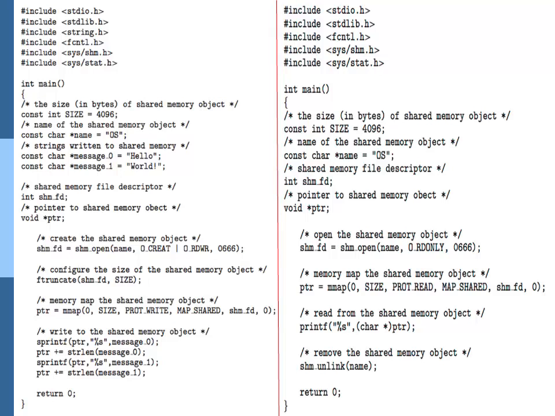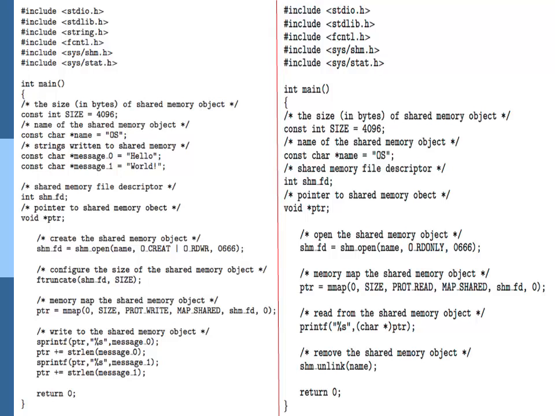We pass in parameters 0, size, PROT_WRITE, because it's a producer program. MAP_SHARED. The parameter MAP_SHARED is a flag specifying that changes to the shared memory object will be visible to all processes sharing the object.